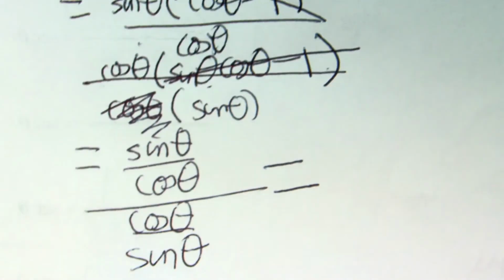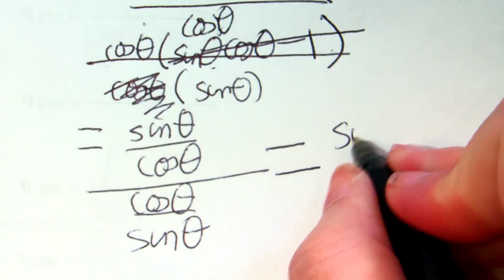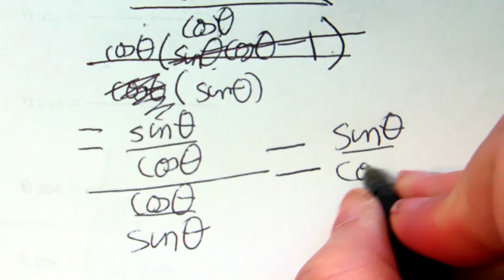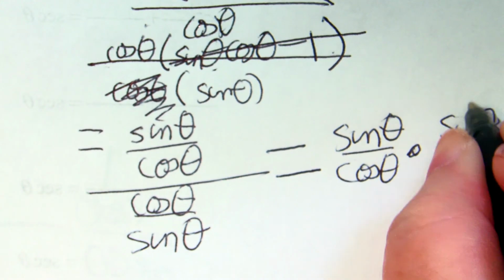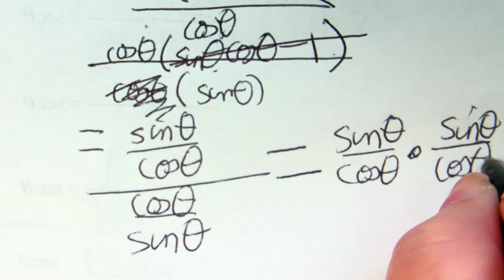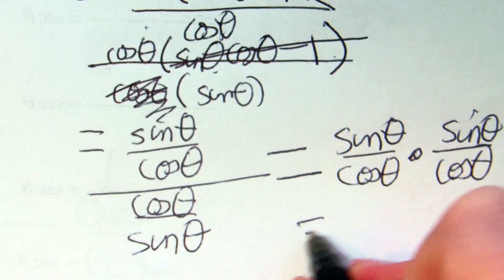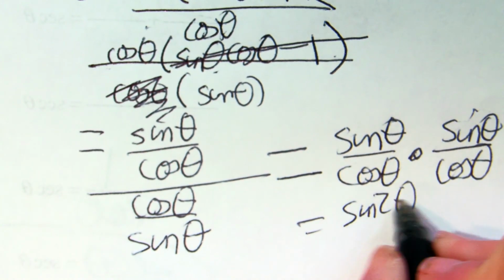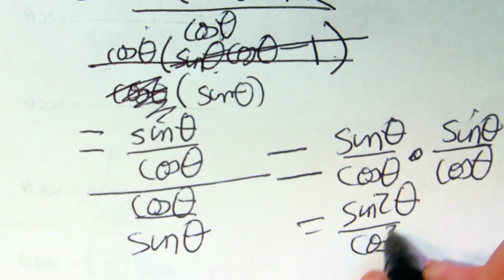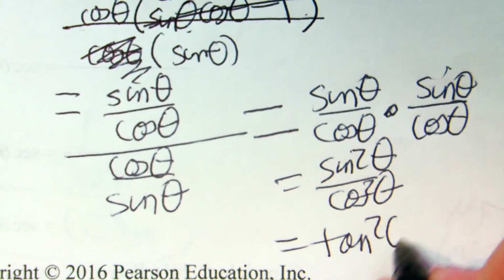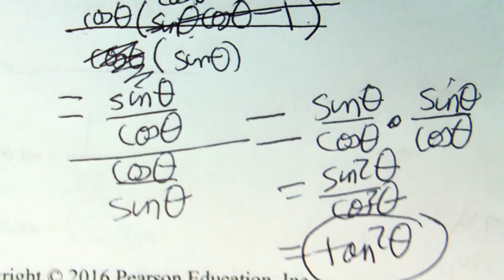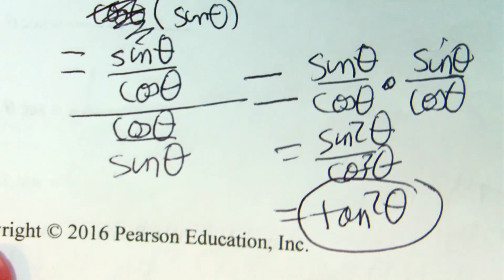So if you multiply by the reciprocal, sine theta over cosine theta times sine theta over cosine theta, you get sine squared theta over cosine squared theta. What's sine over cosine? Tangent squared theta, which is what we wanted. So that one was a little more complicated.